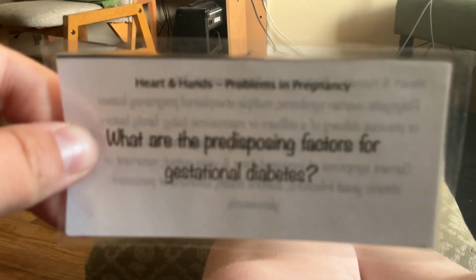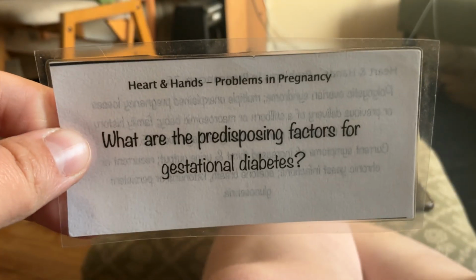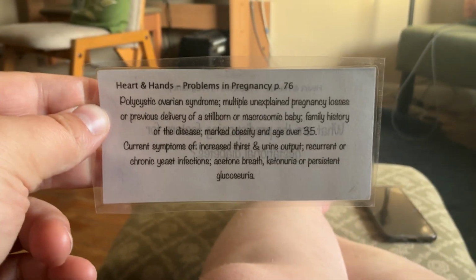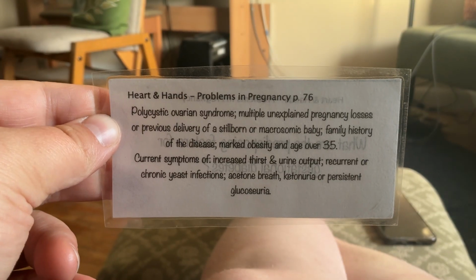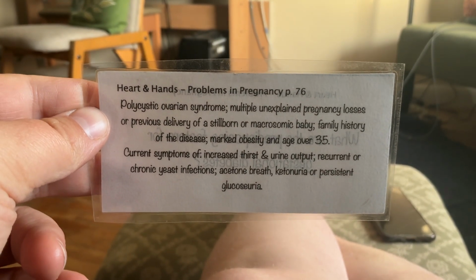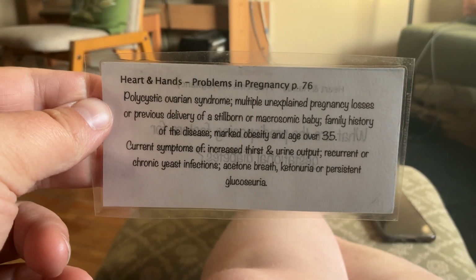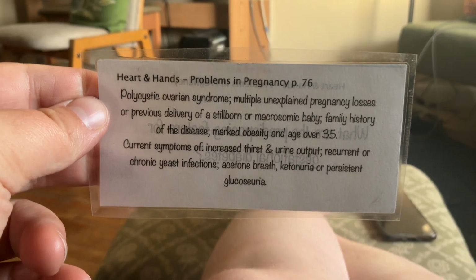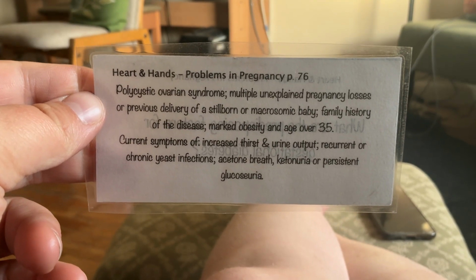What are the predisposing risk factors for gestational diabetes? PCOS, multiple unexplained pregnancy losses, stillborn baby, macrosomic baby, family history of the disease, marked obesity, and age over 35.